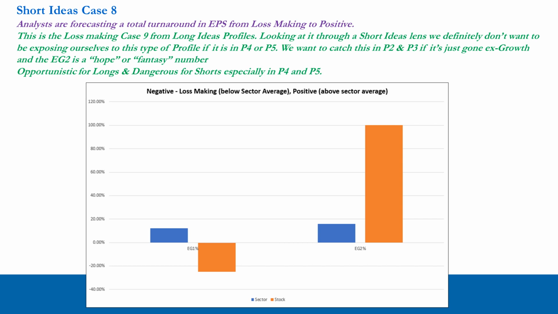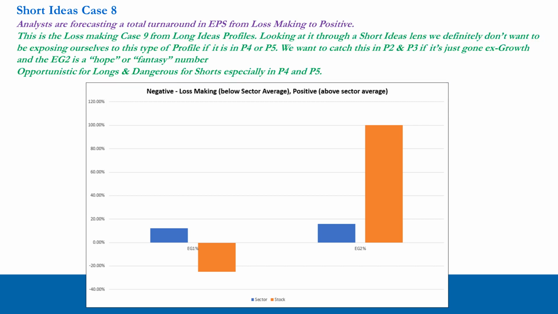Now, looking at it through a short ideas lens, we definitely don't want to be exposing ourselves to this type of profile if it's in phase 4 or phase 5. This is an extreme turnaround in the EPS and EPS growth.